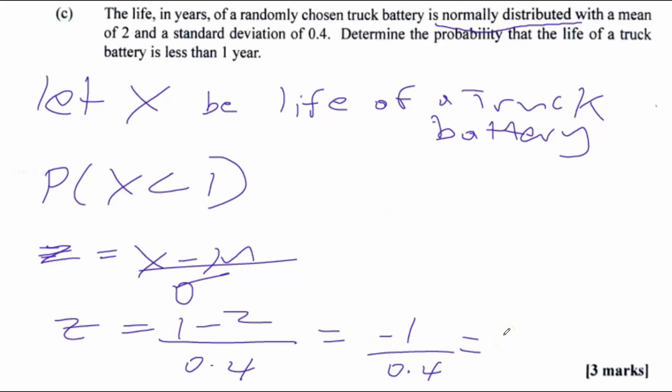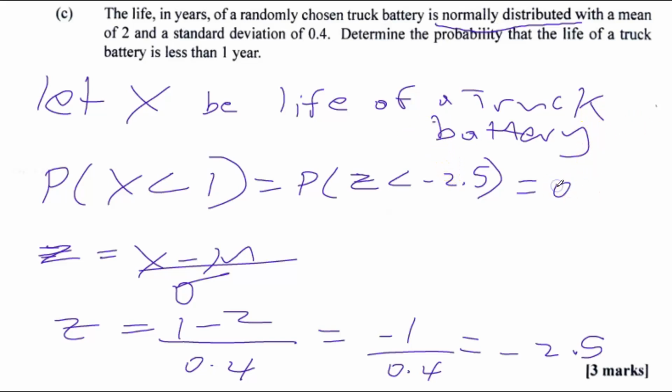So negative 1 divided by 0.4, that's negative 2.5. So we find the probability that z is less than negative 2.5. And we can use our tables for that, and it should give us 0.0062 using the z tables. Alright, next.